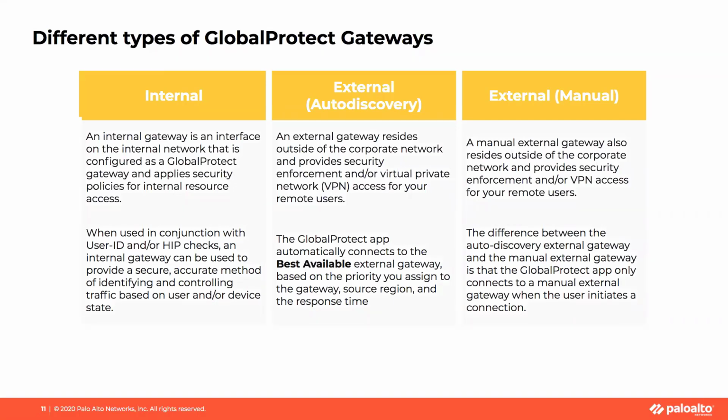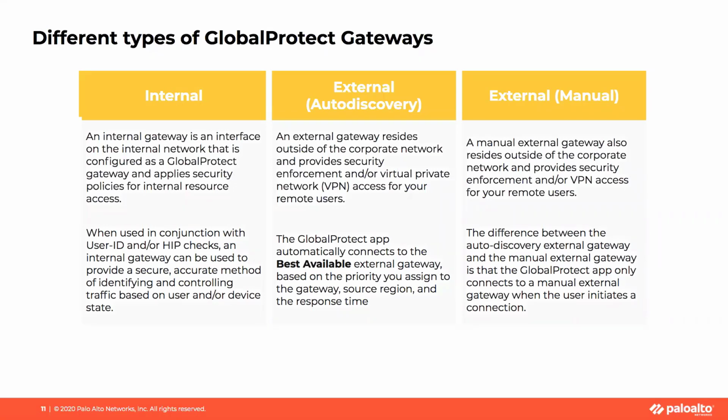So what happens is when a user logs in and say his GlobalProtect auto starts, it's pre-logon, it immediately tries to find the gateways that are defined in his app or agent settings. So if he has an internal one, the first thing he does is try to contact the internal host, and then determines that, okay, I am an internal employee, so I need to securely send my traffic by creating a tunnel to this internal gateway.